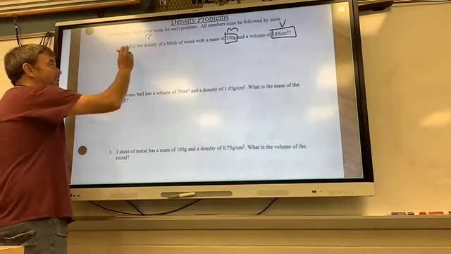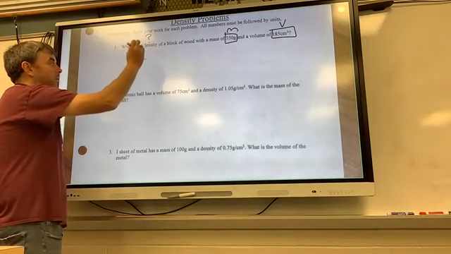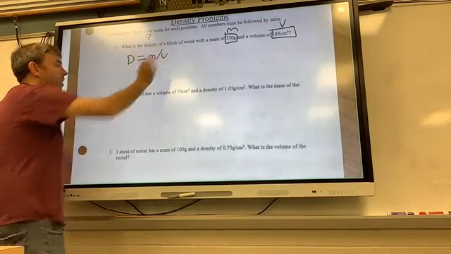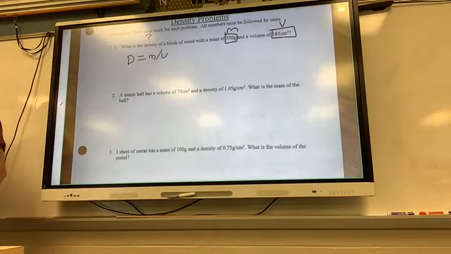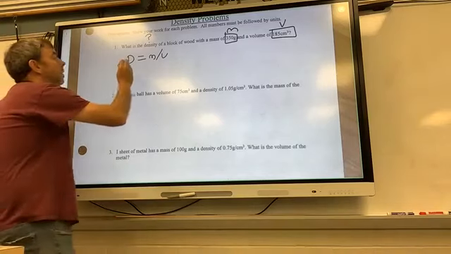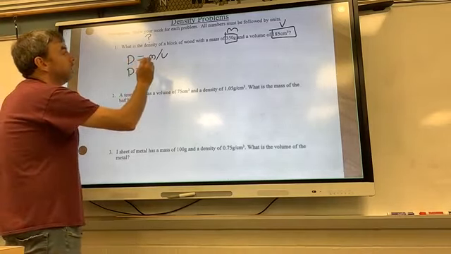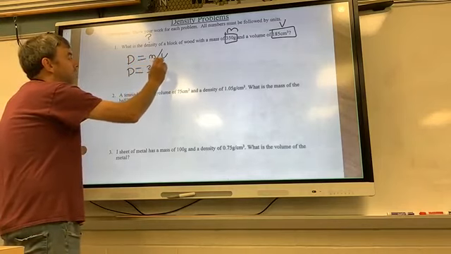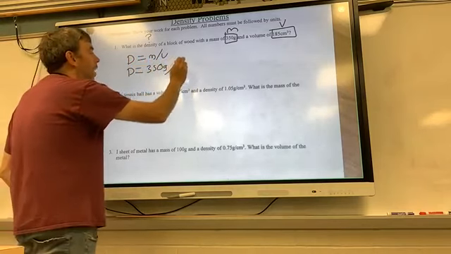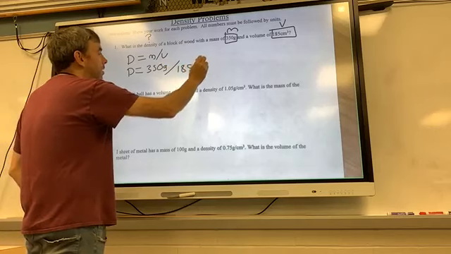Equation for density is D equals M over V. Step two is sub in numbers and units. So D equals 350 grams divided by 185 centimeters cubed.